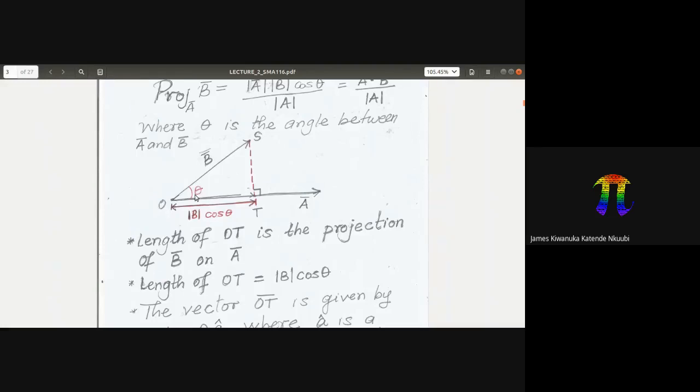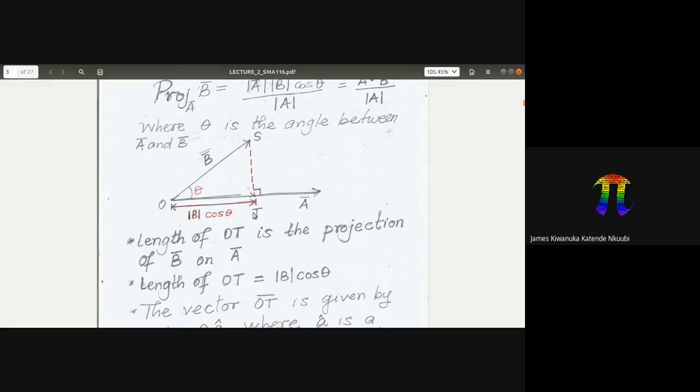So the projection of B on A will just be this length from O up to this point labeled T. T is a point where you drop a perpendicular from the terminal point of the vector B down to the vector A. That gives you the projection. So we need to see how we compute this length.